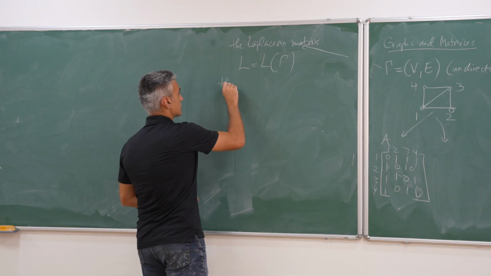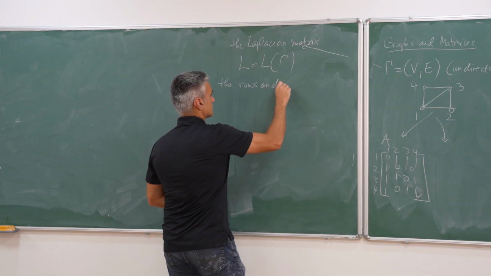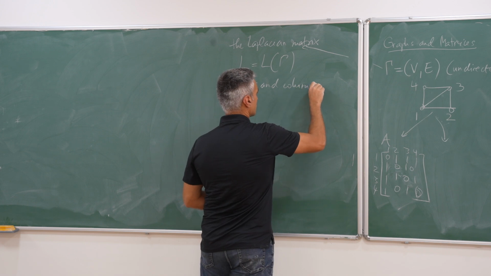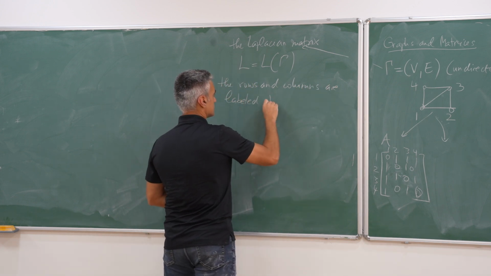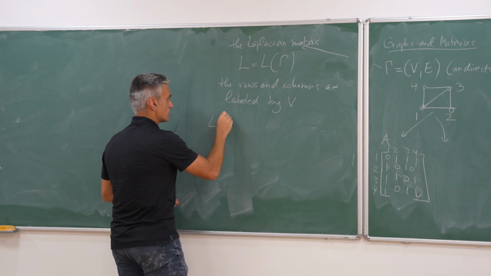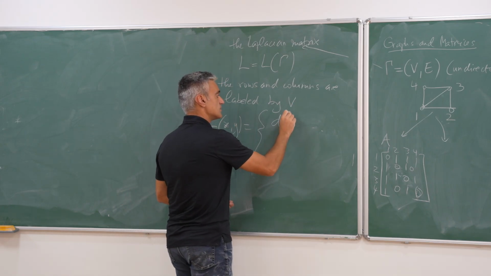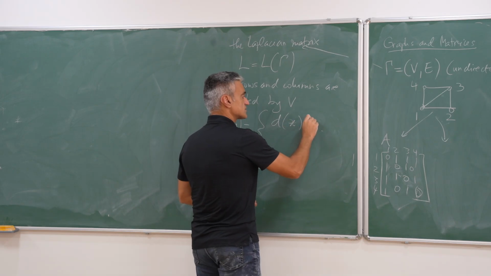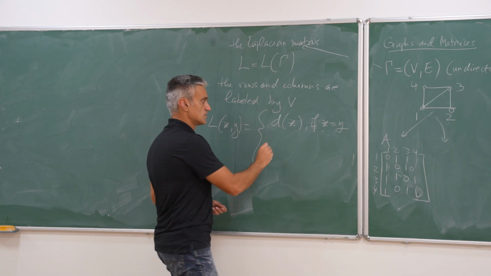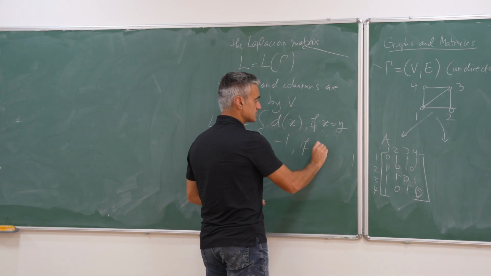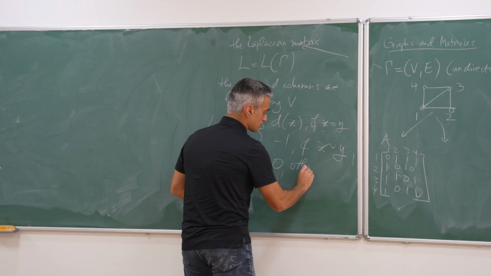So again, the rows and columns are labeled by V. And if you have L of xy, now you're going to have three things. It's going to be the degree of x if x equals y. So I'll tell you in a second what the degree is. It's going to be -1 if x is adjacent to y, and it's going to be 0 otherwise.